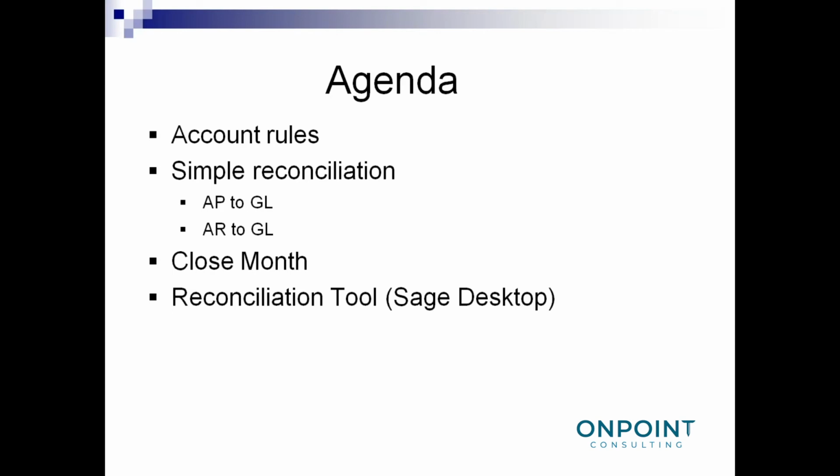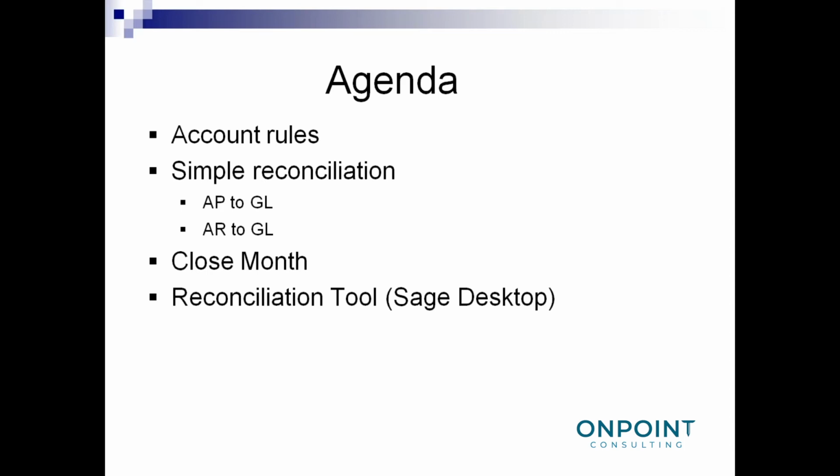Once we talk about that, then we're going to go through a couple of simple reconciliations within the software. We're going to specifically take a look at the AP to GL and the AR to GL reconciliation. We're going to follow that with a discussion about the closed month tasks in several of the applications.